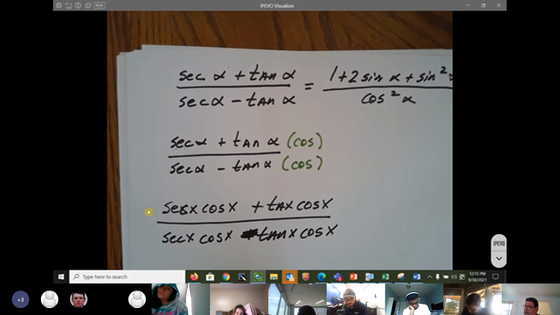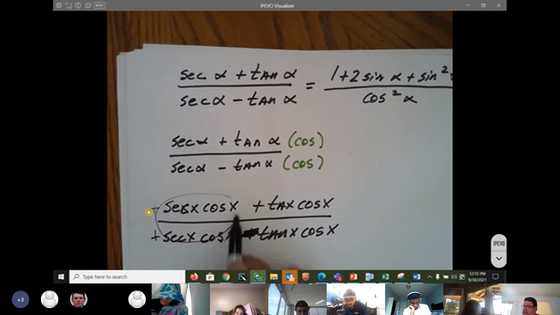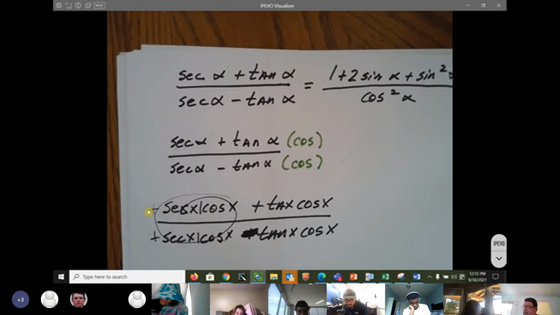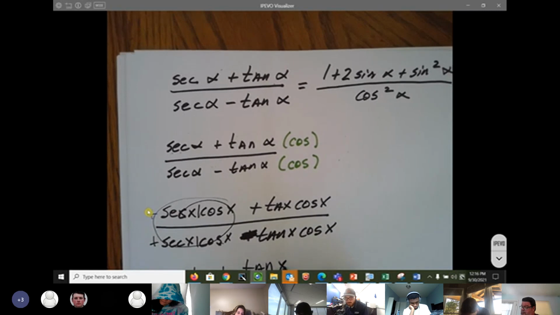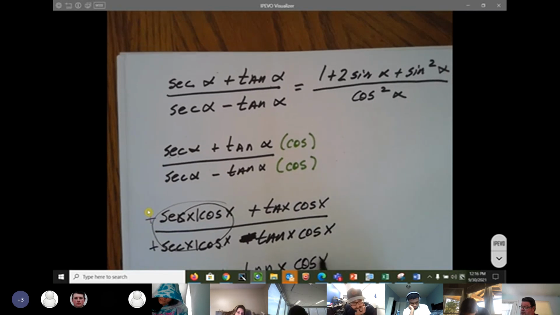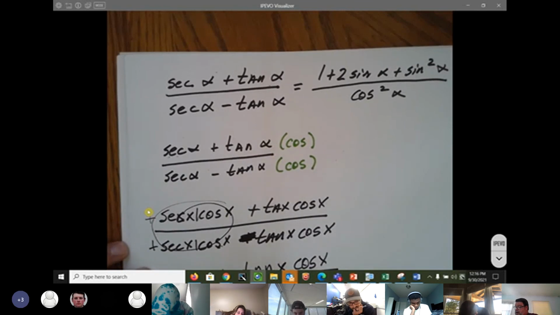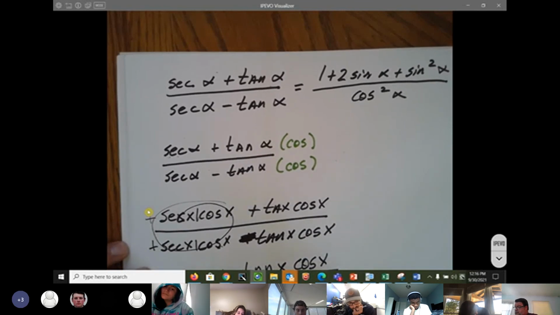Now here we've got the same sign, and we've got secant cosine, secant cosine. This is 1 over 1. So I'm going to rewrite this and say 1 plus tan cosine over 1 minus tan cosine.